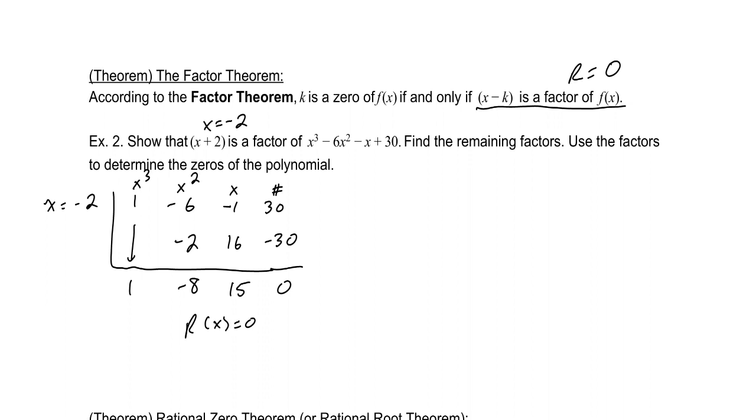So I can write x cubed minus 6x squared minus x plus 30 as x plus 2 times this polynomial, which is x squared minus 8x plus 15.